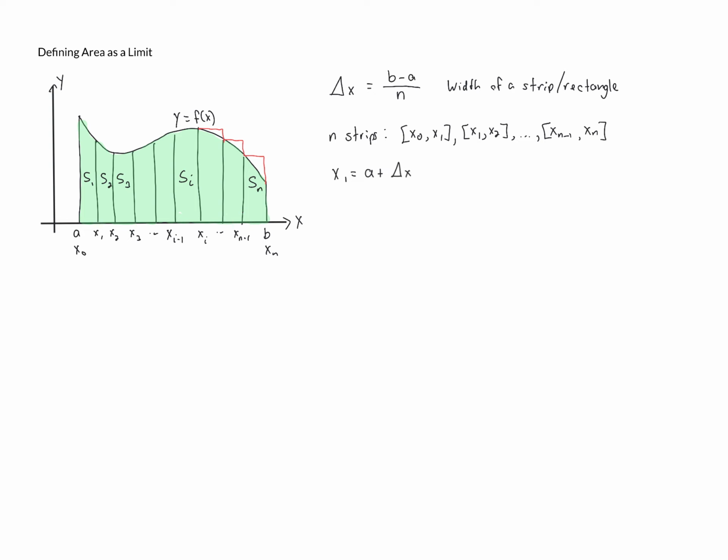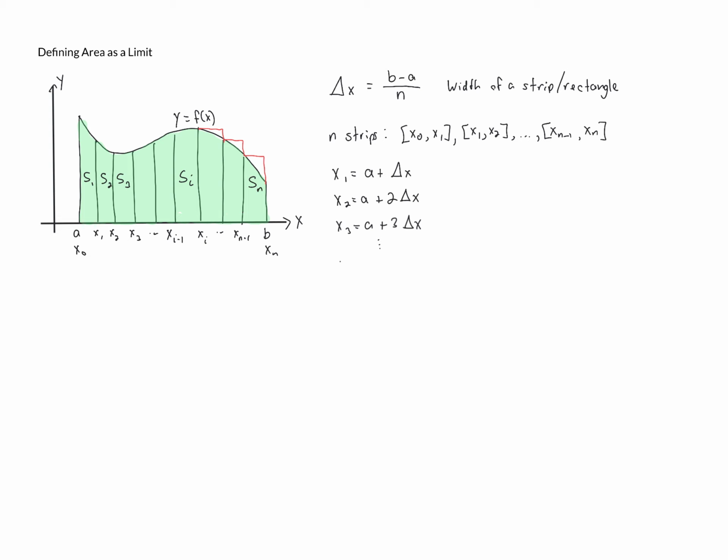So that's going to be a plus delta x. And then x sub 2 is going to be a plus 2 times delta x. Because x sub 2, we've started at a, and we move over 2 times the width of the strip. And we could also say x sub 3 is a plus 3 times delta x.